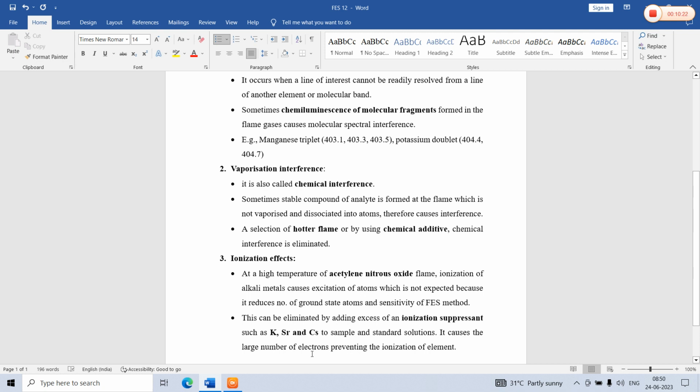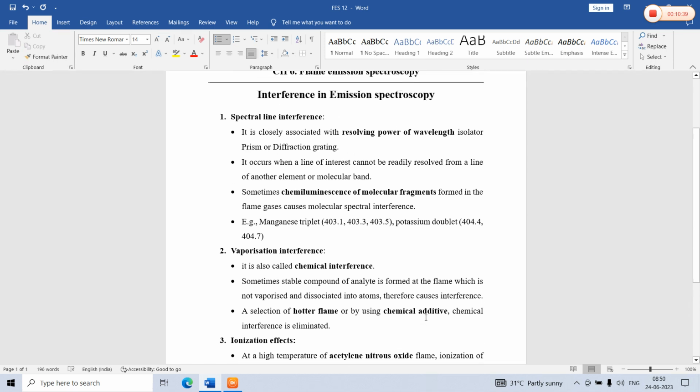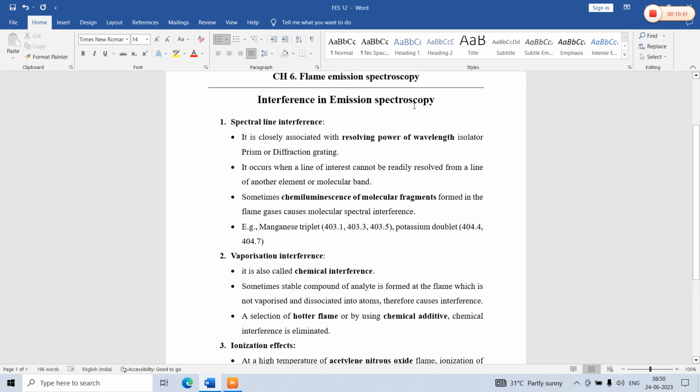It causes a large number of electrons to be produced, preventing the ionization of the element. If a large number of electrons is produced, ionization will be minimized or prevented. So this is all about the interferences in emission spectroscopy.